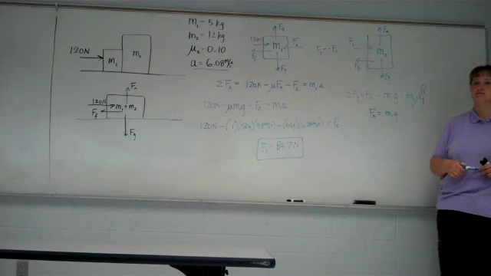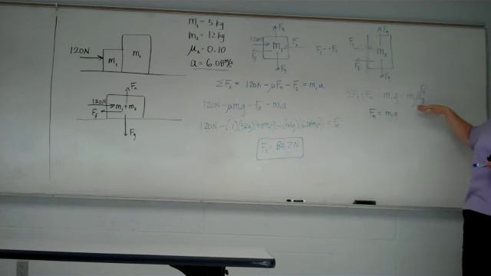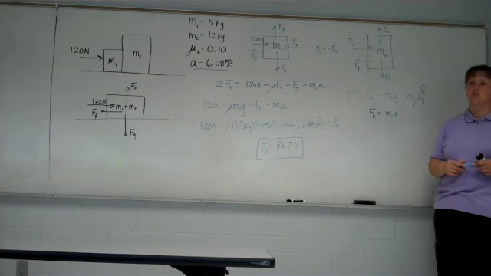Questions? So we're still applying what we've learned. We're still drawing our free body diagrams. We're still writing out the equations in the x and y direction, setting them equal to ma. Conveniently, a was 0 in the y direction. Making substitutions along the way until we get to what we're looking for.